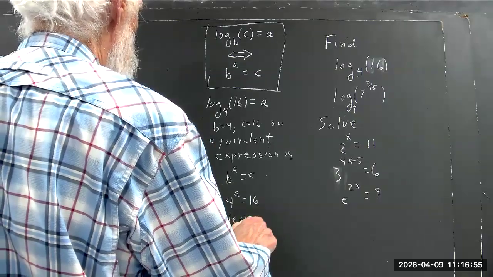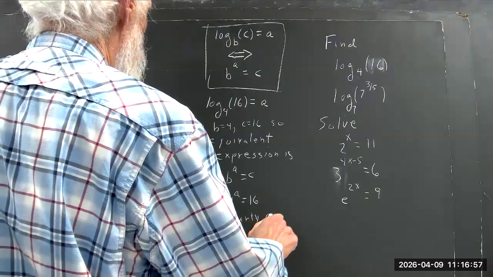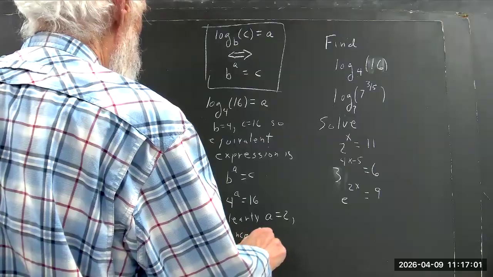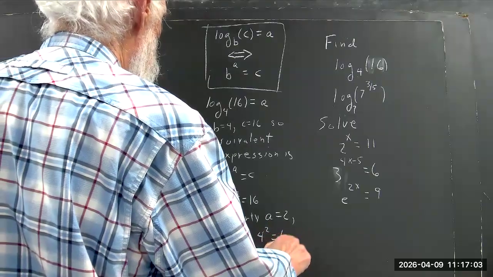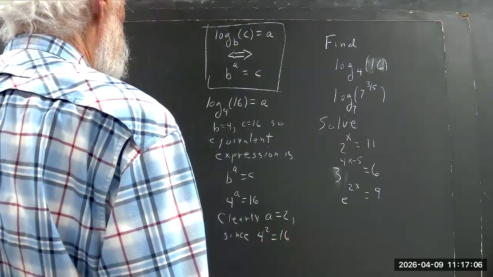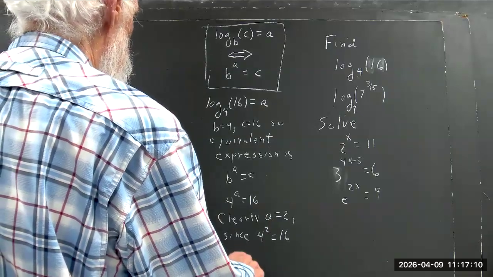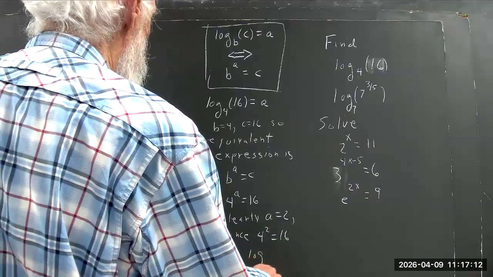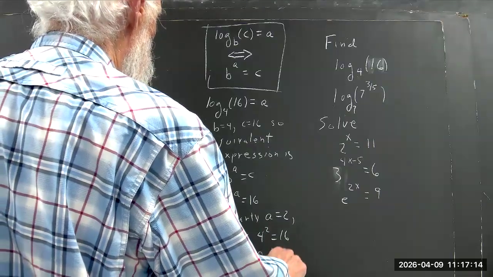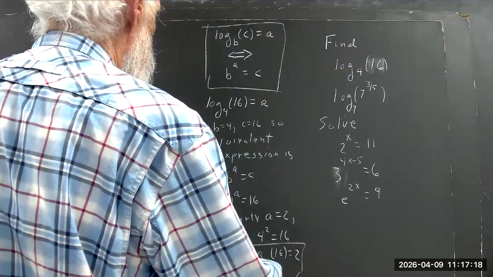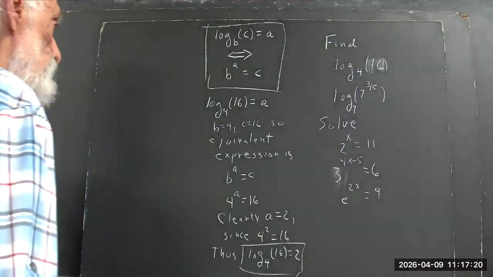Now here I'll say clearly, a equals 2, since 4 to the second power equals 16. Thus, log base 4 of 16 equals 2.